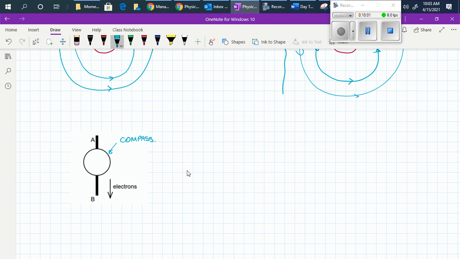Now the electrons are going down, so then the thumb will be down.